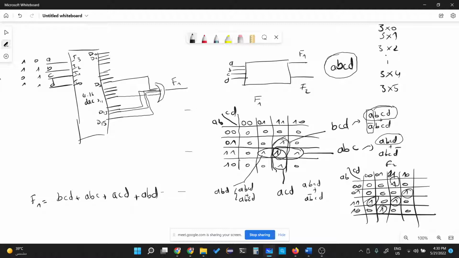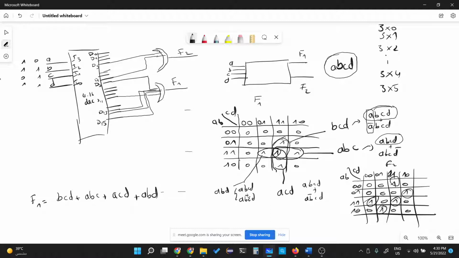Here also it has 5 minterms. So we have A bar, B bar, C, D. This is 3. So we take D3. Then you have A bar, B, C, D bar. So B is 4, C is 2. So this is 6. So this is D6. And this will be F2.